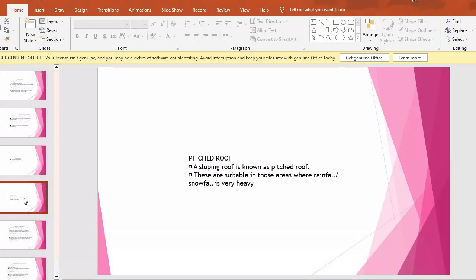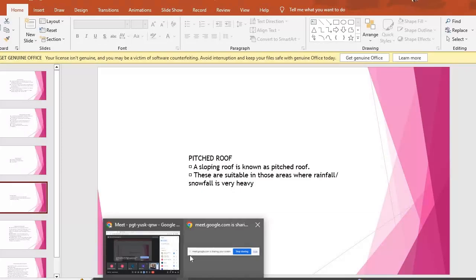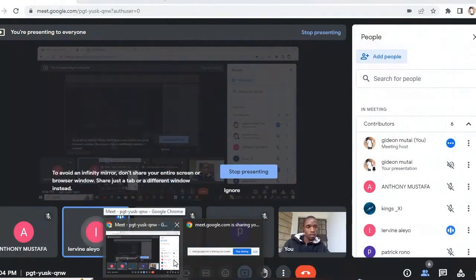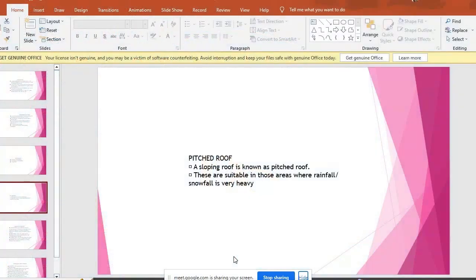What is a pitched roof? Lavin? Any question? Yes. You can clarify more about the pitched roof. I haven't understood. Okay, a pitched roof, as we have just said, is a sloping roof.